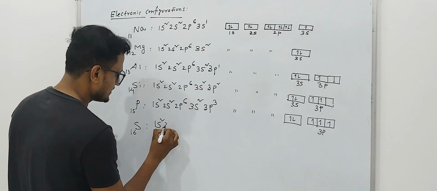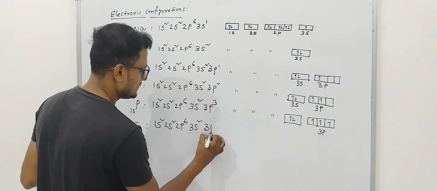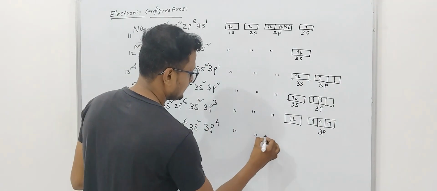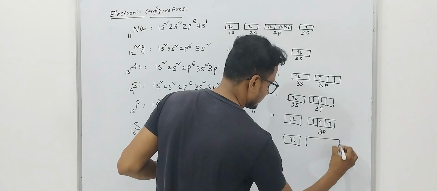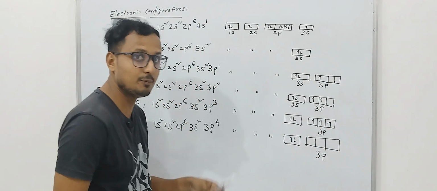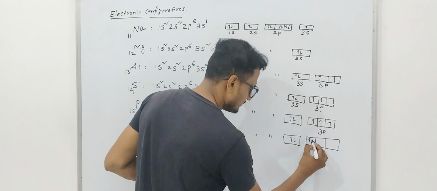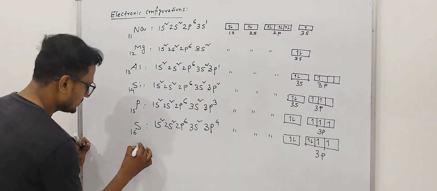Now here it is sulfur, 16: 1s2, 2s2, 2p6, 3s2, 3p4. Now these 3p orbitals are singly filled. Now pairing will take place from the 3px. Okay, now come to chlorine.